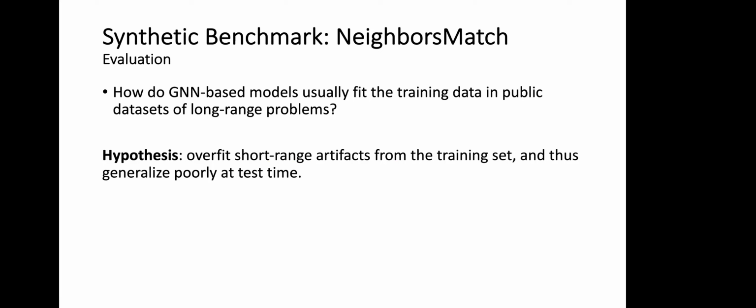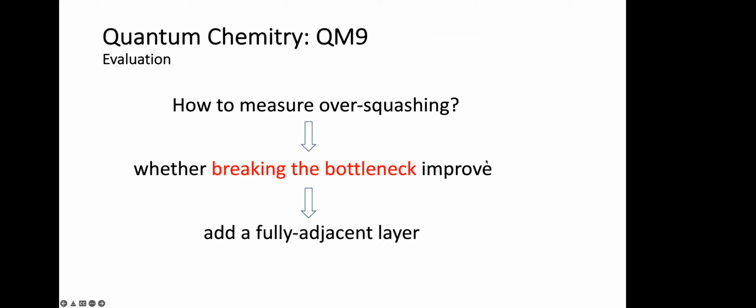Yes, I think the author means that in real applications, when we use GNNs for training, at least currently, the performance the GNN achieves usually generalizes poorly at test time. At least it does not generalize as well as on the training set. Okay, I see. Thank you. Yeah, sure.